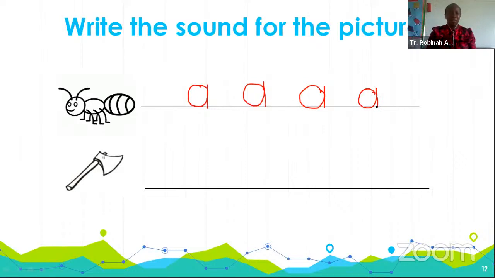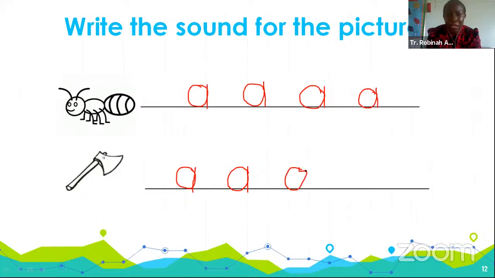Sound A. And axe, we also said axe begins with sound A. So you are also going to draw a ball and put a standing line. Put it nicely. A ball, then you put a standing line up to the end of the line.